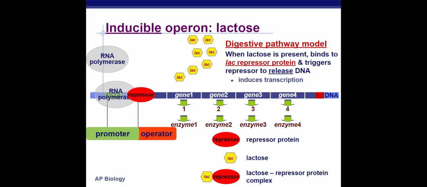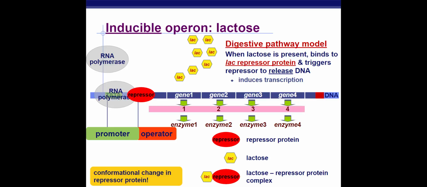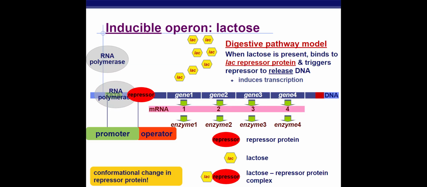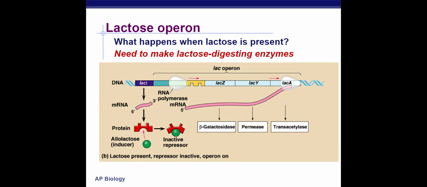RNA polymerase is let loose and it can go down. So we have our operon with lactose attached, the repressor releases, and we can transcribe the genes in that operon. They all turn into enzymes and we're able to break down lactose. That's a conformational change again, but this time it's releasing the repressor.